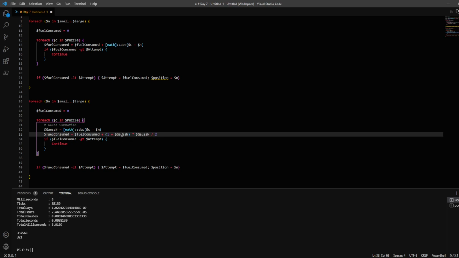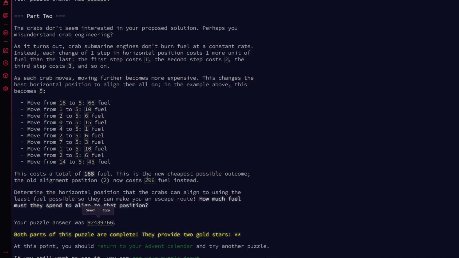So this is n plus 1 times n divided by 2, adding that to the fuel consumed. So real quick, let's go back to Advent of Code and check out what my answer was, so we can verify here in a second. So the answer happened to be 92,439,766, which you can see right here.